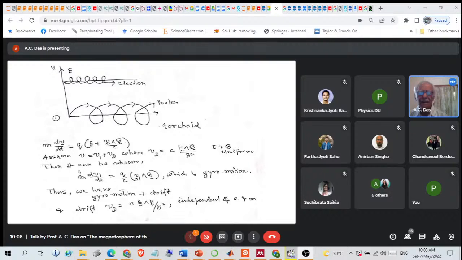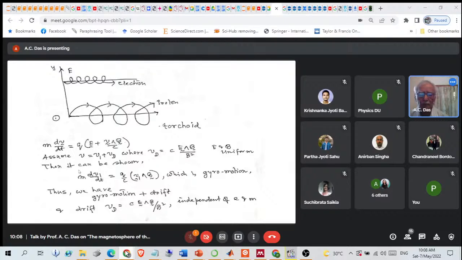I did not do the simplification. With a little bit of algebra, you can do it. It's very simple, and therefore we get back the gyro motion with V1 plus drift because of the electric field.